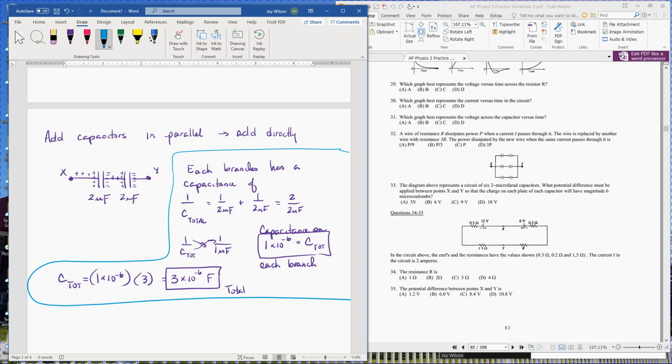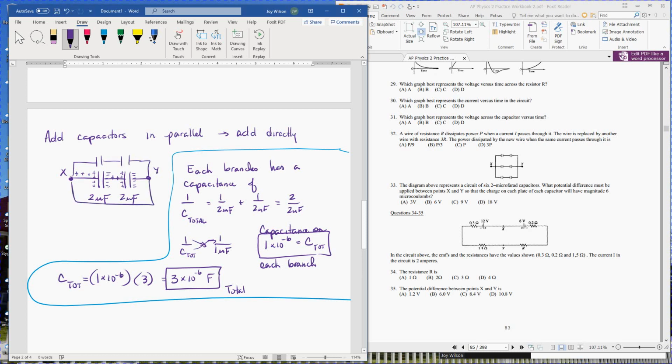Okay, so let's go back. Here we go. Capacitance was 3 for each one of these little sections. So we had all these little sections.